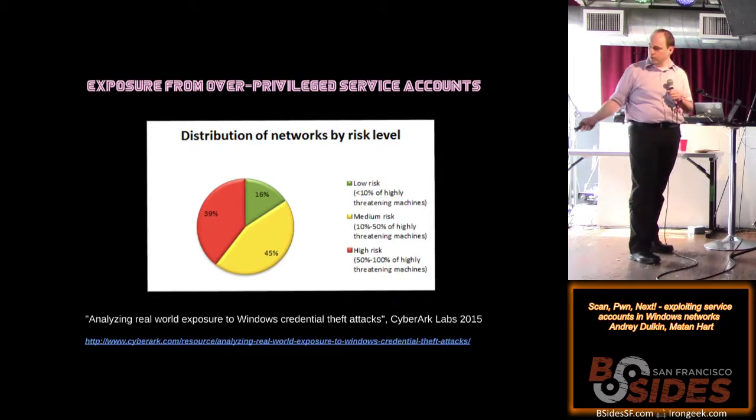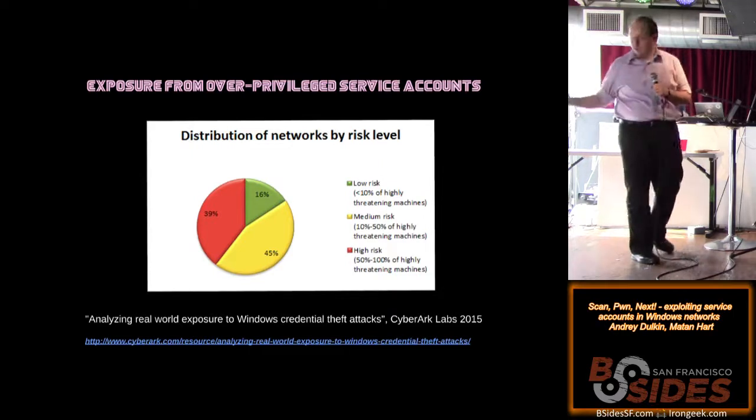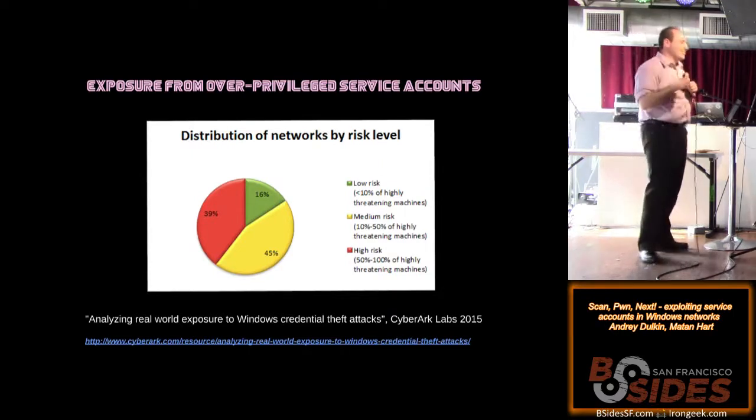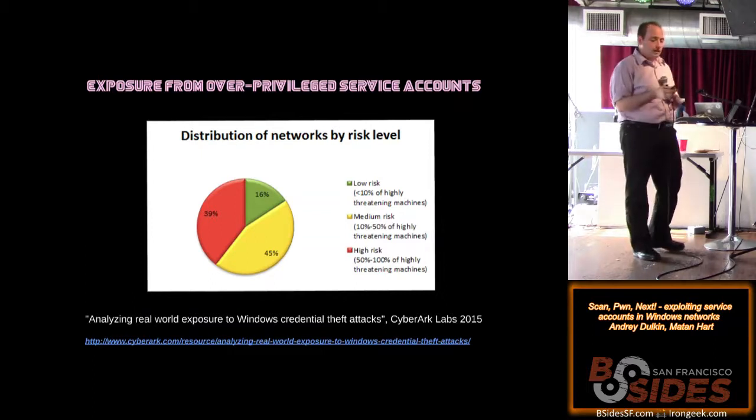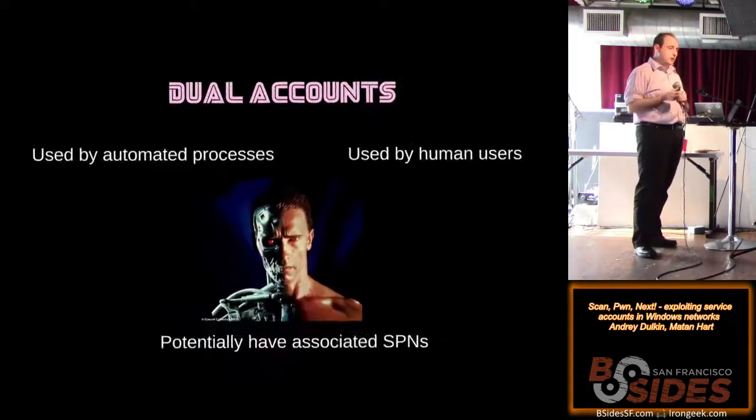For those of you interested, we'll provide the research in the notes, you can't see anything here, and you are able to go and see some more details on it. But the problem of service accounts and of credentials embedded in those services and automated processes is a real one and actually present in a lot of networks.